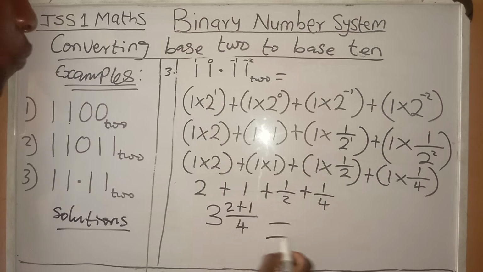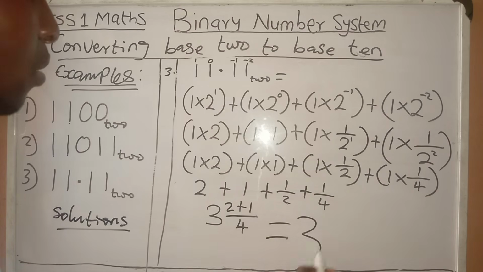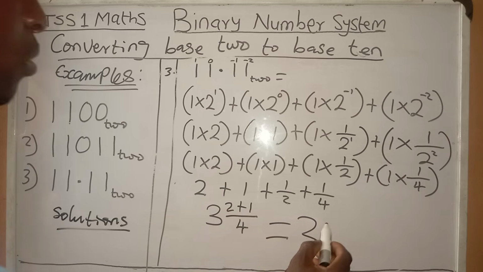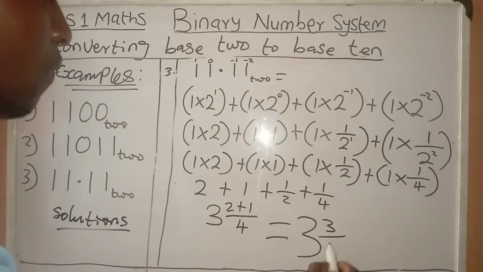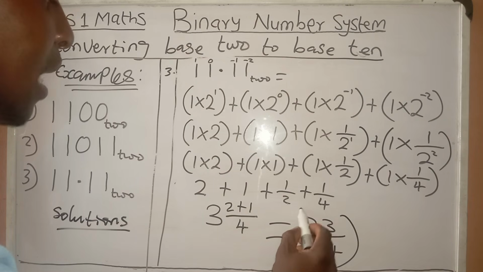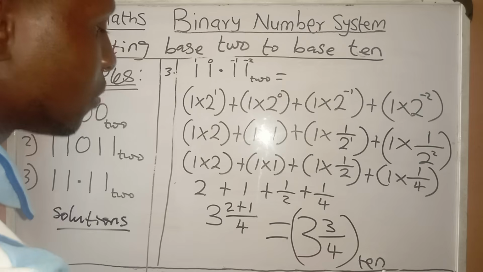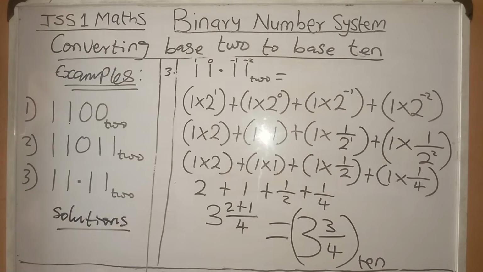So the answer to this question will now be 3 whole number, 2 plus 1 will give us 3 over 4. That is the answer to this question. I hope this is very, very clear to you. Good. Maybe you can rewind the video and watch it once again to understand it better.